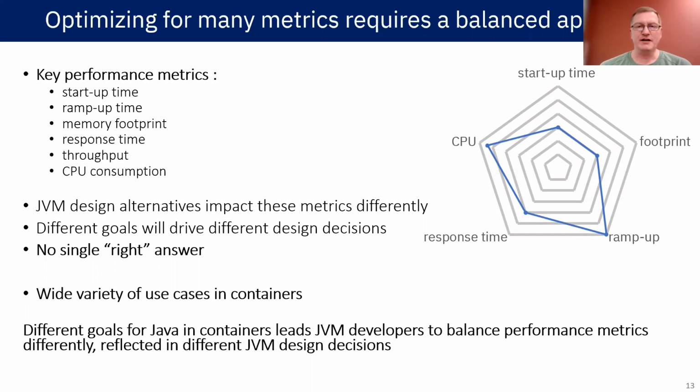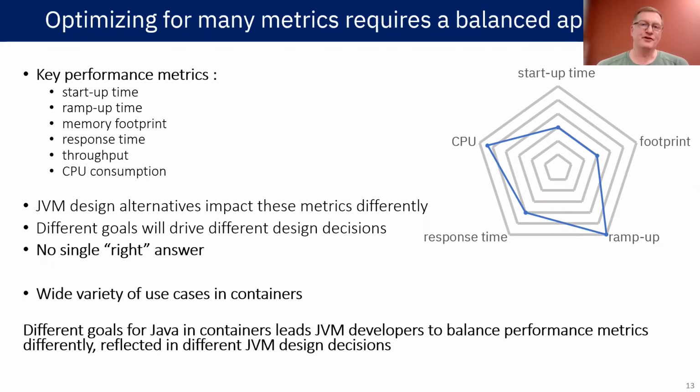Now, we have a wide variety of use cases in containers, and we can't be too specialized in this. But if you look at the set of requirements that people have when they're running Java in containers, they might differ somewhat from the requirements that people would have when running Java in a more bare metal type environment.